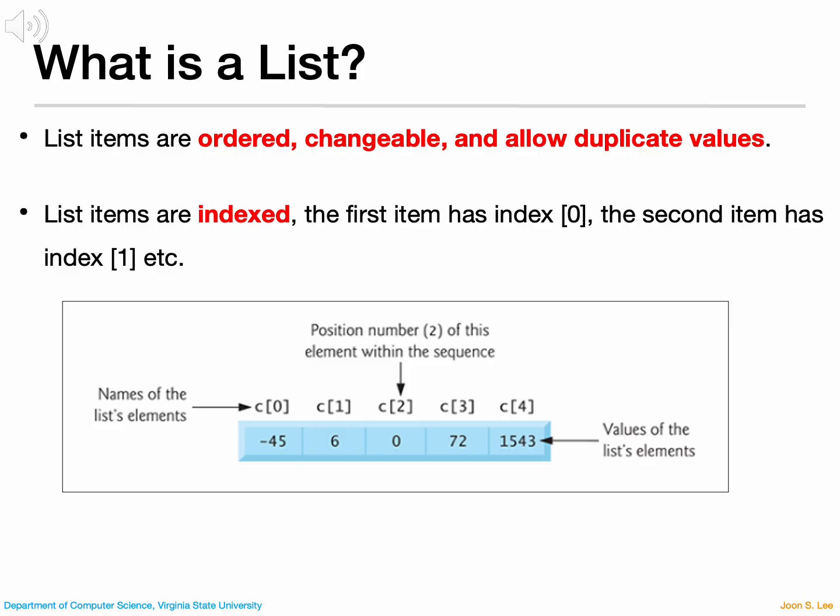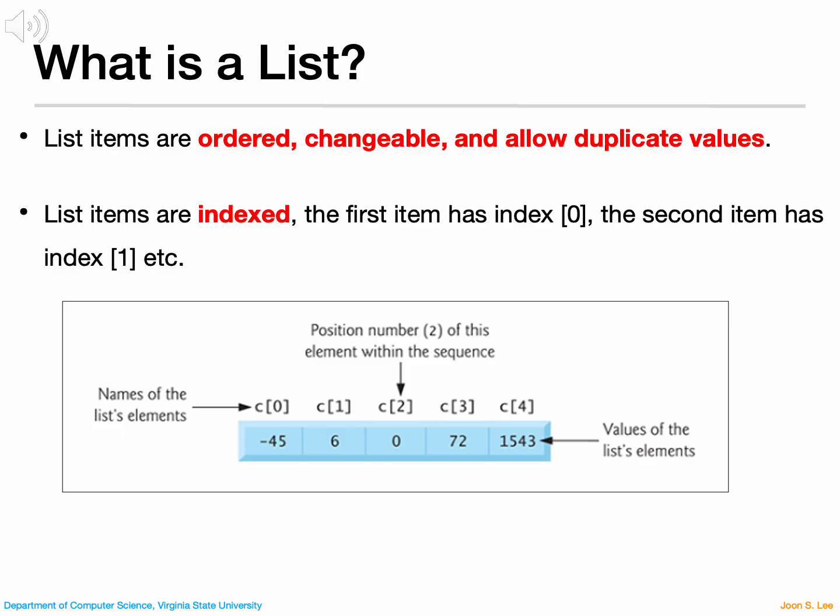We can replace, add, or remove items after the list is created. That flexibility makes lists one of the most commonly used data structures in Python. Another important property is that lists allow duplicate values. If you have multiple identical items like apple, apple, banana, that's perfectly fine in Python. Both apple entries will be kept.